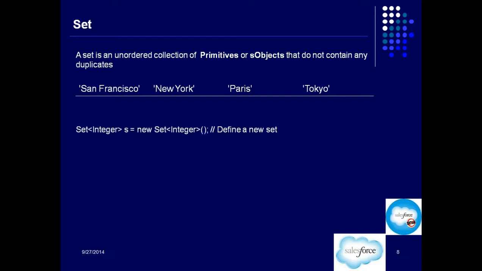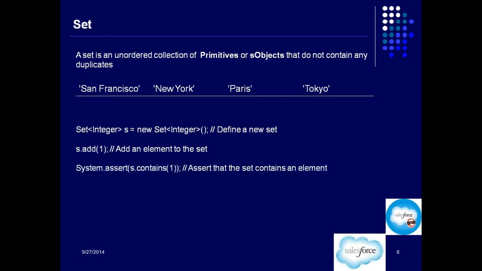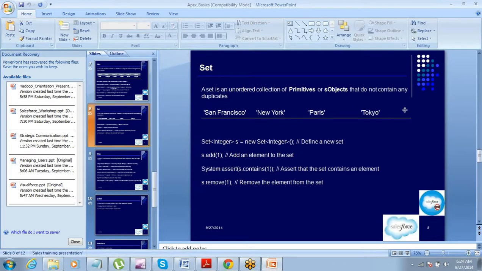Set of integers is equal to new set of integer. This defines a new set. In the same way, s.add(1) adds an element to the set. Another thing required is System.assert, to check whether the set contains a particular value or not, and there is a method to remove a value from the set.